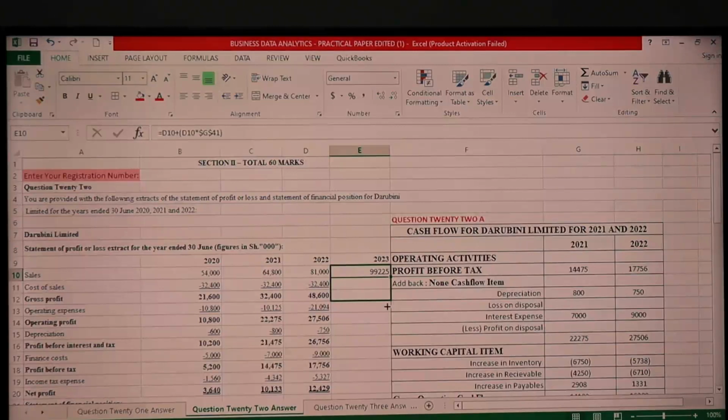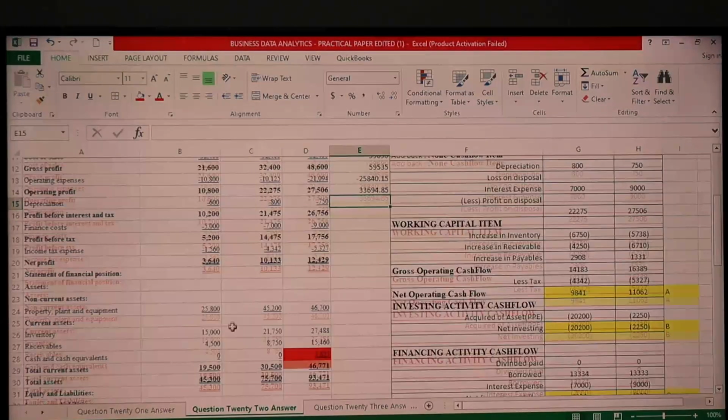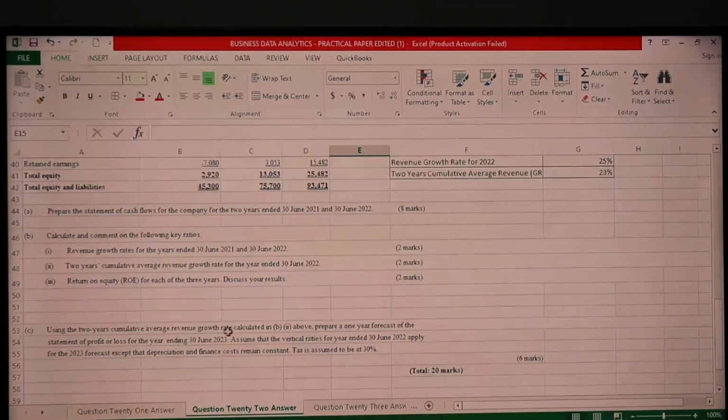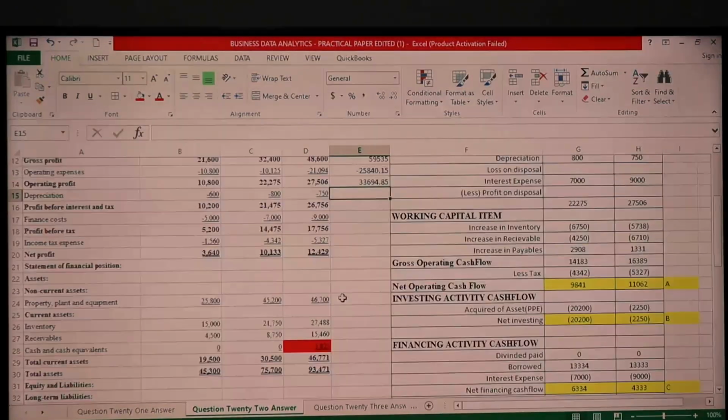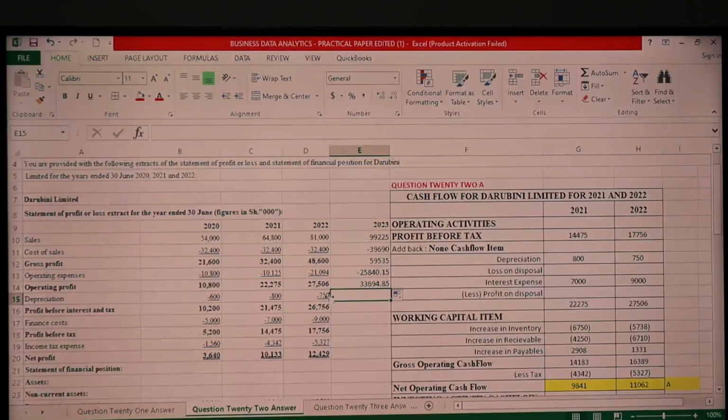That projection will be copied down, only that you are told about the depreciation. Assume the vertical ratios for the year ended 2022 apply for the forecast, except that the depreciation and financing cost remain constant, and the tax is assumed to be 30%. So if you go back, remaining constant means that it is not changing.